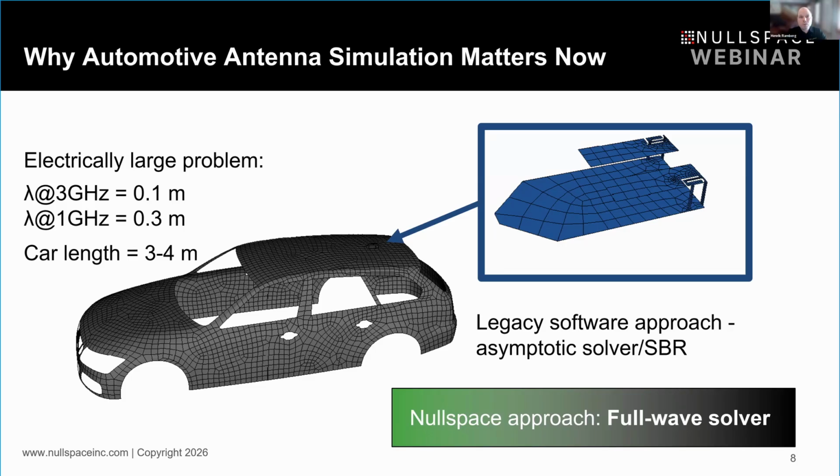Yeah, when you finally put your antenna on the car, you want it to work, so why should you make assumptions? Up to now you could use asymptotic solvers where you still simulate the whole car, but you don't want those last-minute surprises. You want to know exactly what to expect when you go to production, and that's what you get with a full wave solver. Exactly.